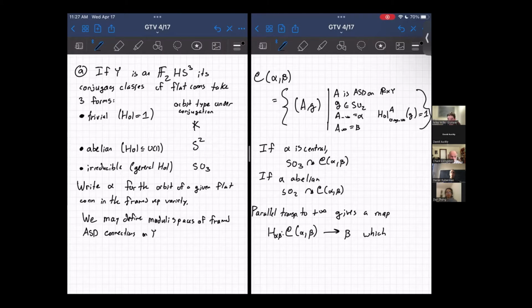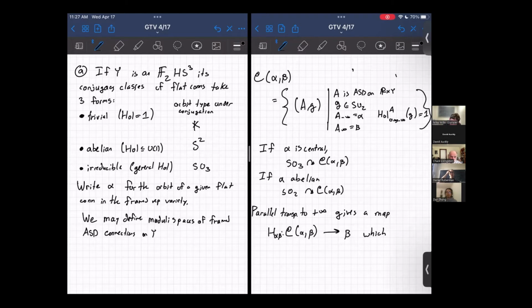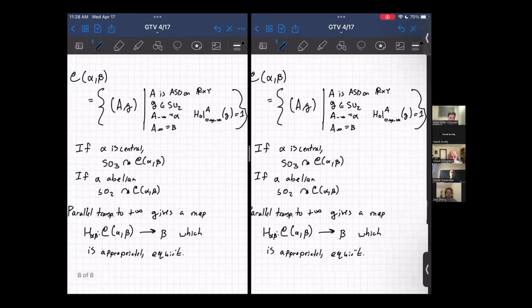Beta is an SO3 orbit, so it retains an SO3 action. Great. And this map is equivariant under whichever one of those group actions this space retains.